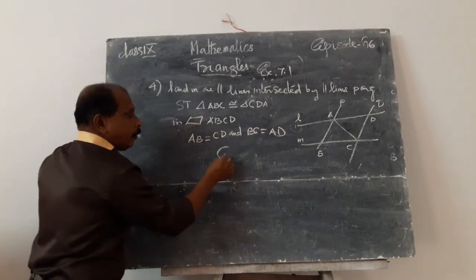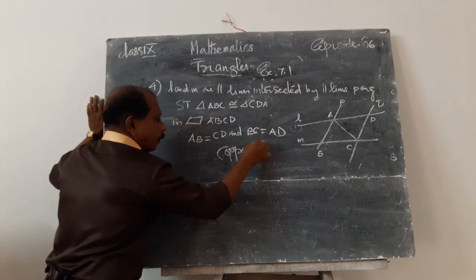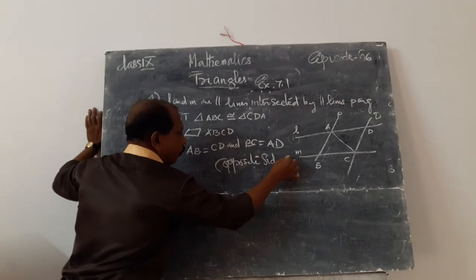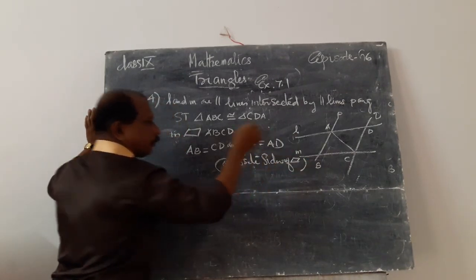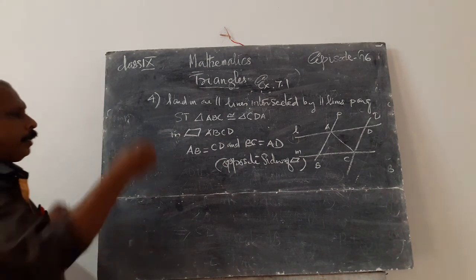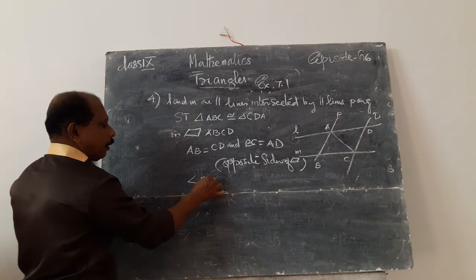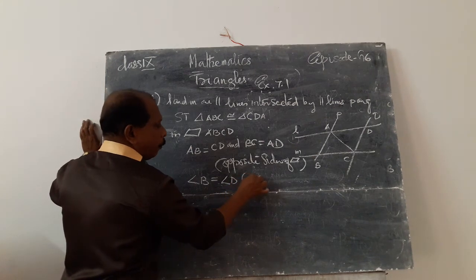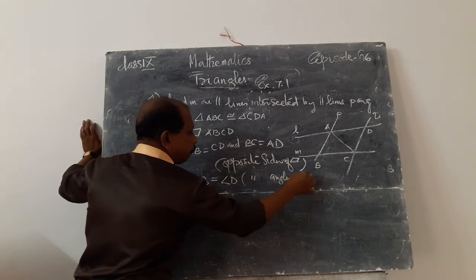What's the reason? Opposite sides of a parallelogram. That is the reason. Then angle B is equal to angle D. What is the reason? Opposite angles of a parallelogram.